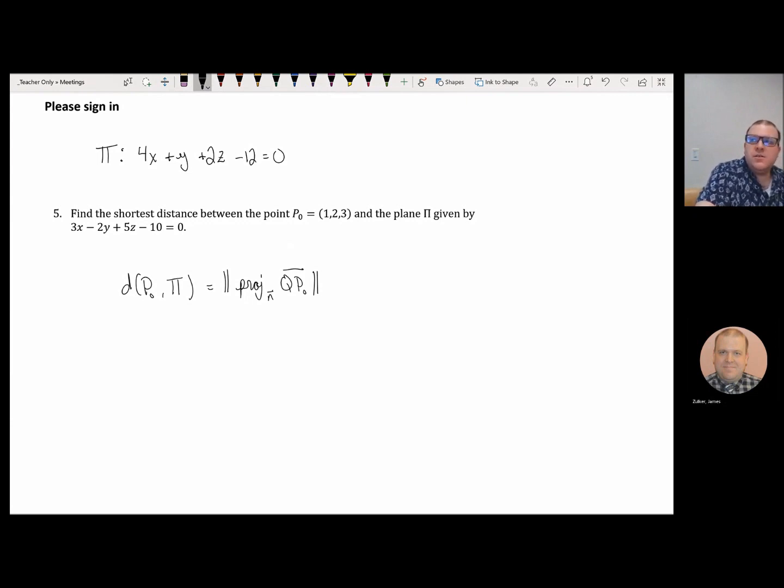This is how it's defined. Whenever you're looking for a distance between a point and a plane, it is always the shortest distance, right?